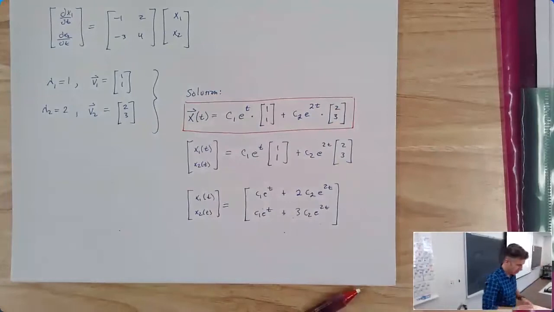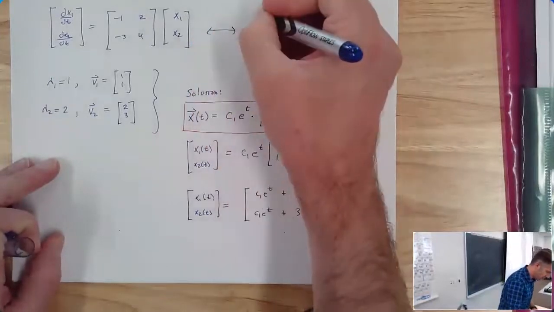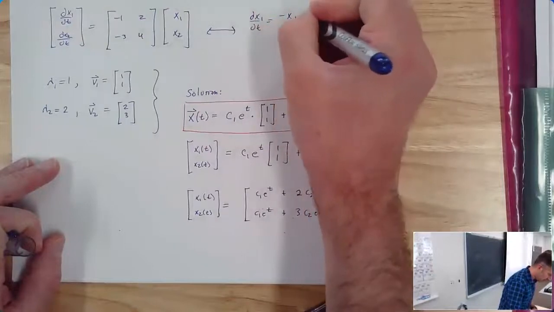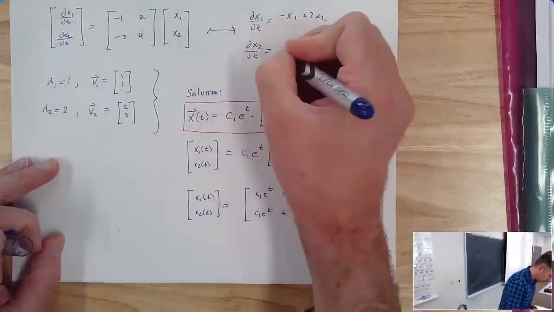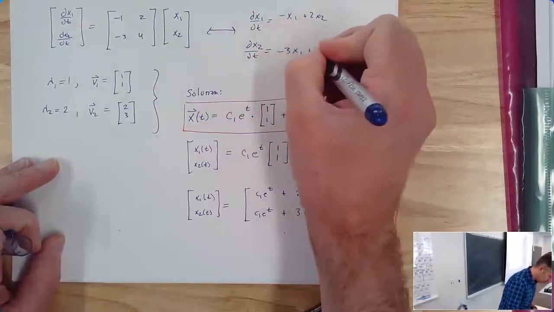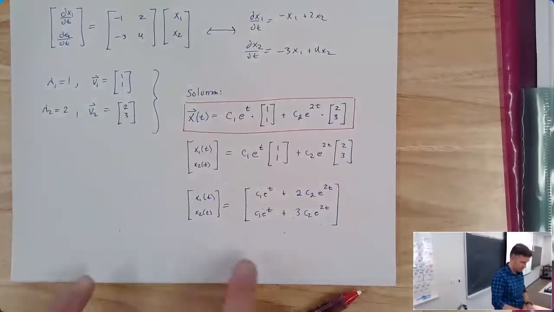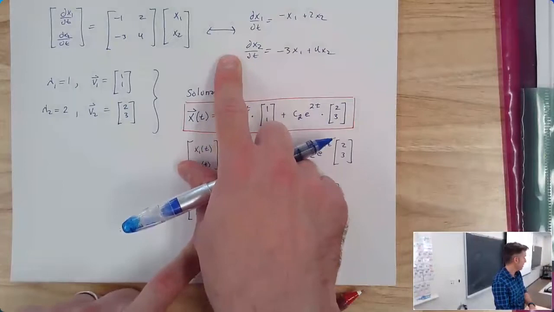Okay, but now here's what I want to show you. I want to show you that this really is a solution for our initial system. Our initial system, in case you want to write it the other way, is dx1/dt equal to -x1 plus 2x2, and dx2/dt equal to -3x1 plus 4x2. So all we're going to do to show that this really indeed is a solution is to just find all the things.